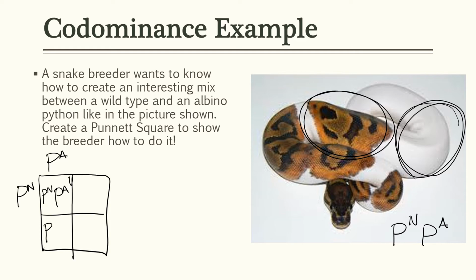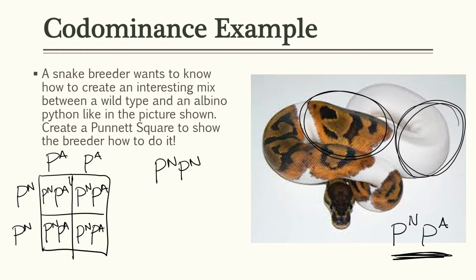And if I wanted to make sure that I definitely got every single possible python with that cool mix, I would want to fill in every single square with the mix that I'm looking for, that heterozygous mix. And when I do that, I find that I'm breeding a completely normal python with a completely albino python to make sure that I get every single offspring with that mix.